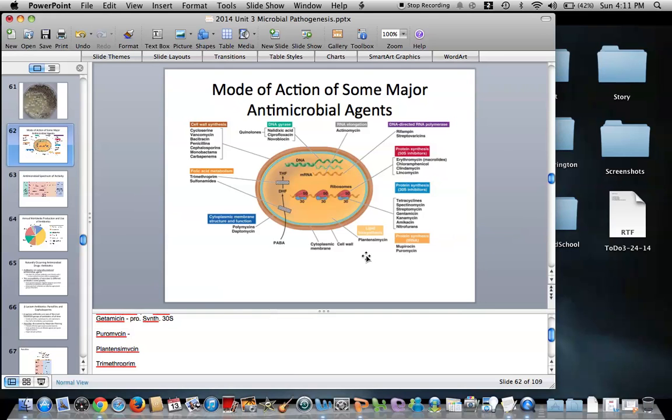Puromycin is over here. It stops protein synthesis at the tRNA level. Pure T. Gentamicin.